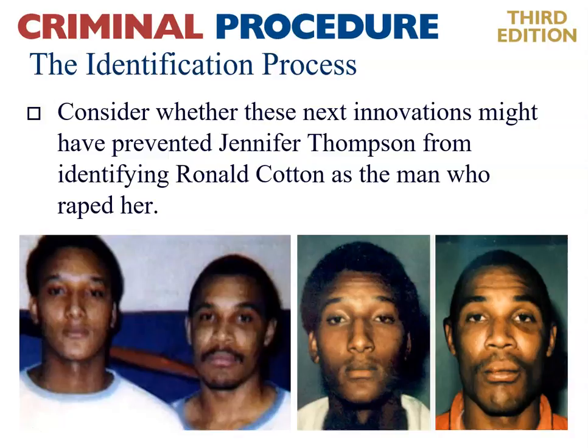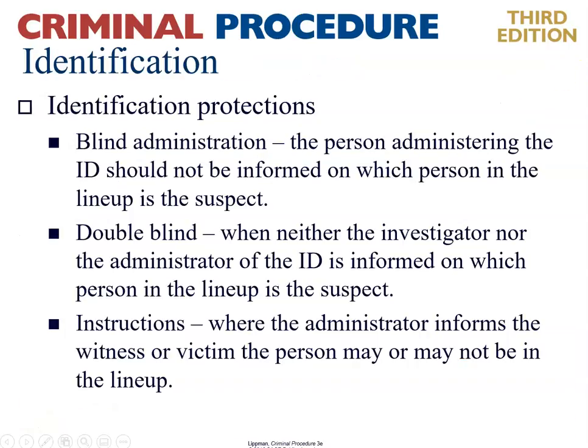So let's consider these innovations as we go through and discuss them, and whether or not you think they might have changed something. The first modification would be what we call a blind administration. This is where the officer or the person administering the identification should not be informed on which person in the lineup is the suspect.